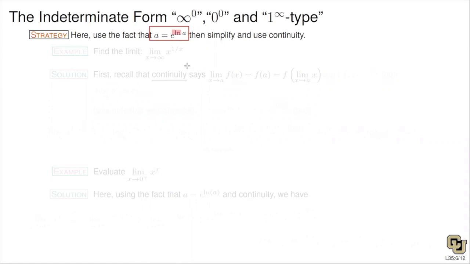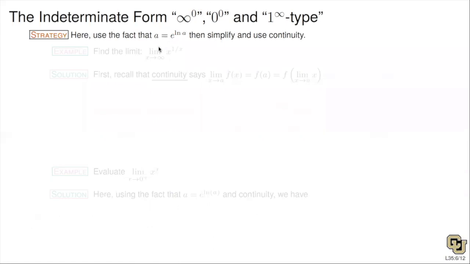If I can bring the natural log into the picture, maybe we can use properties of the log and address these terms that are in the exponent. Because these indeterminate forms all have one thing in common. They have an exponent. Infinity raised to the 0, 0 raised to the 0, a 1 to the infinity type. So perhaps the natural log can help us simplify it.